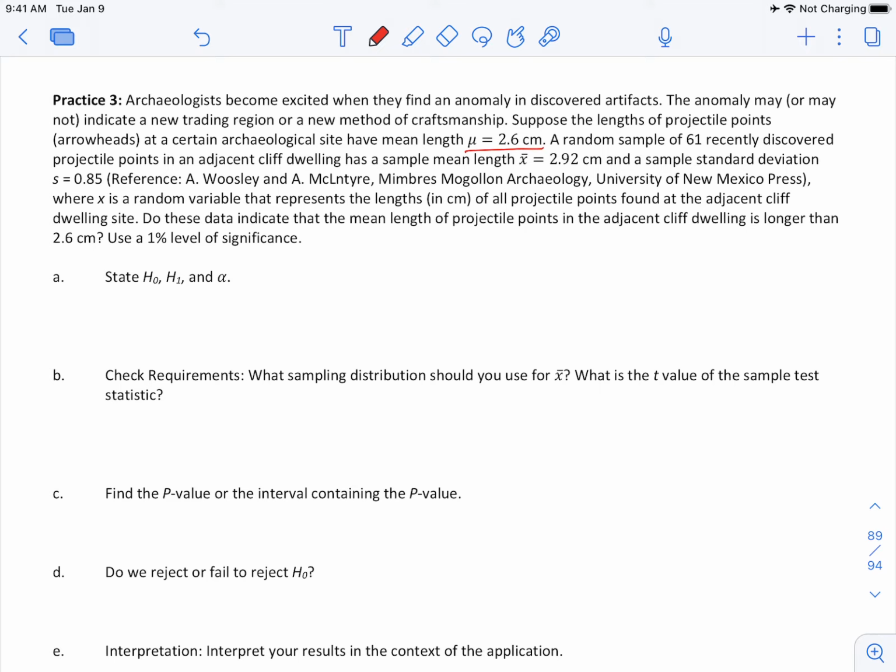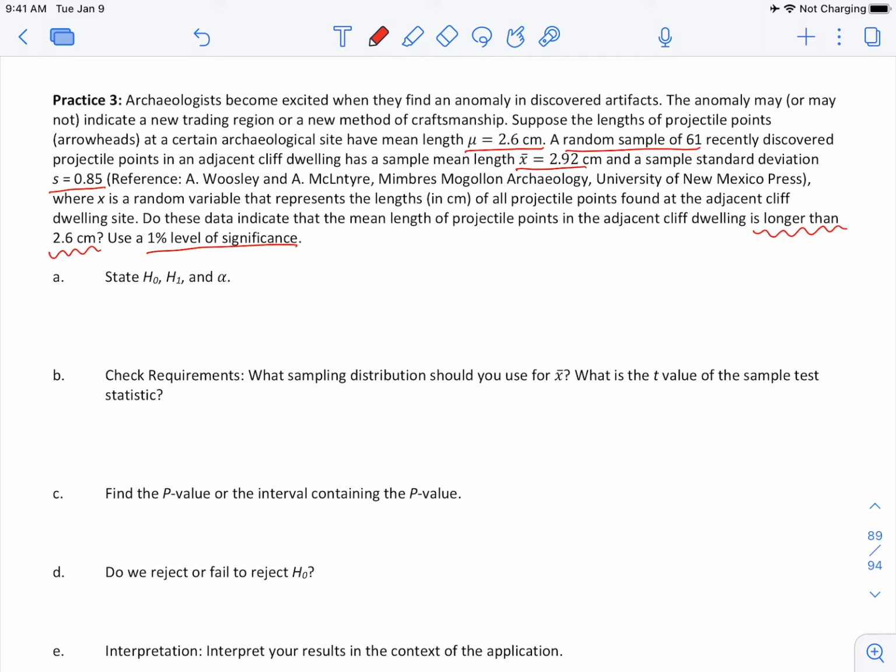A random sample of 61 recently discovered projectile points in an adjacent cliff dwelling has a sample mean length x bar equals 2.92 centimeters and a sample standard deviation s equals 0.85. Where x is a random variable that represents the lengths in centimeters of all projectile points found at the adjacent cliff dwelling site. Do these data indicate that the mean length of projectile points in the adjacent cliff dwelling is longer than 2.6 centimeters? Use a 1% level of significance.